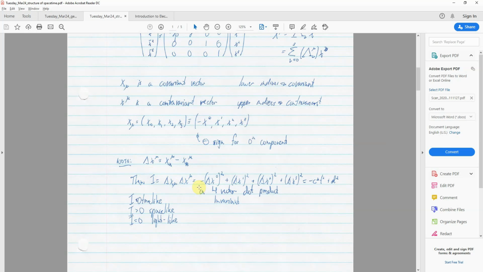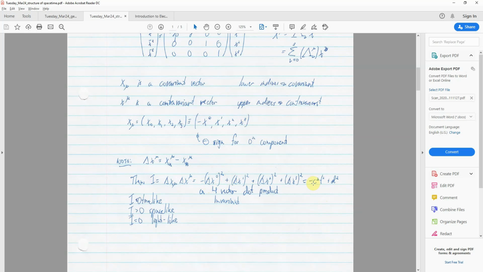And that's how we would write a four vector dot product. If you recall from a three vector dot product, what you get is x squared plus y squared plus z squared. But in this case, we also have ct, so we have ct from the covariant vector, and we have minus ct from the contravariant vector, so the covariant times the contravariant gives us minus ct squared.